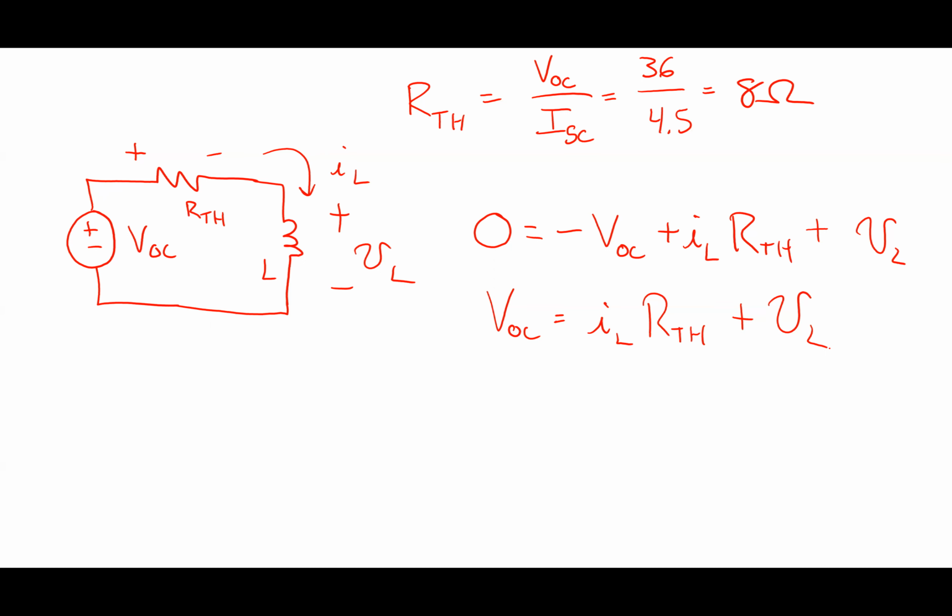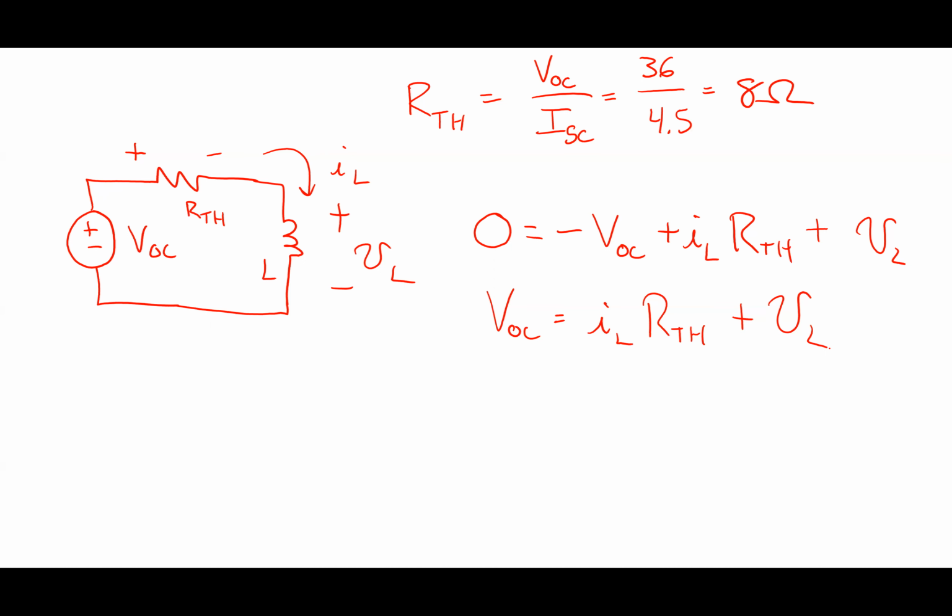The inductor current, IL, right? So this is in terms of IL and VL right now, so I have to get rid of VL. How do I get rid of VL? I can't divide by R Thevenin. What's the relationship between the inductor current and voltage?